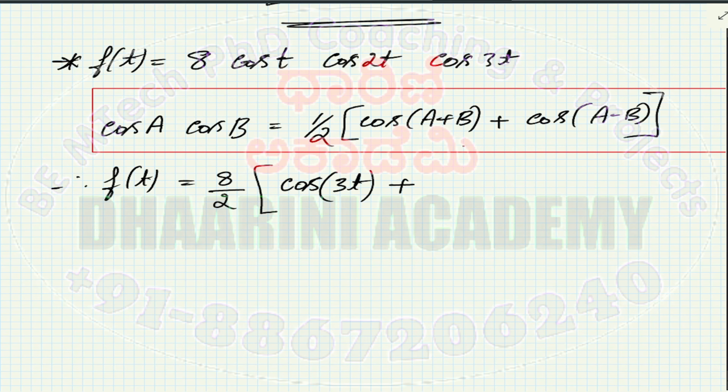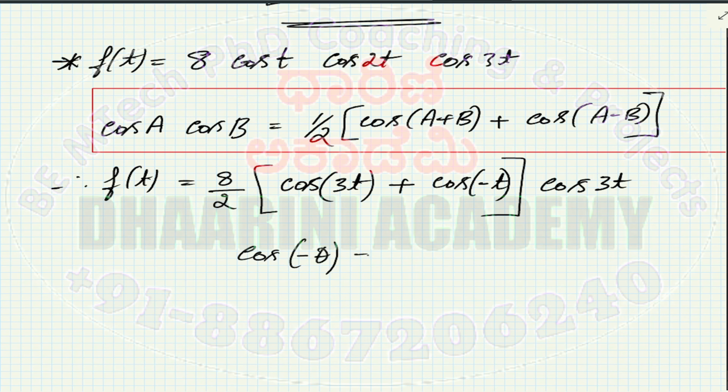So cos of t minus 2t is cos of minus t, but we have another property coming up. So anyway, let me write this. This is cos of t minus 2t, which is minus t. I will multiply this with the remaining term, that is cos 3t. Okay, we use another property from trigonometry, that cos of minus theta is simply cos theta.